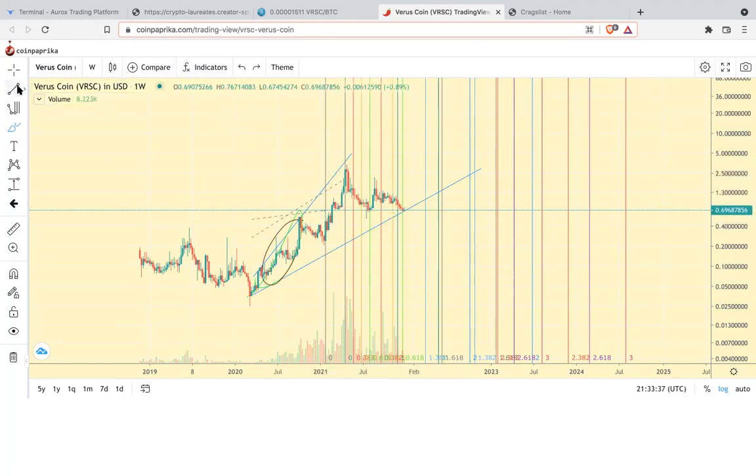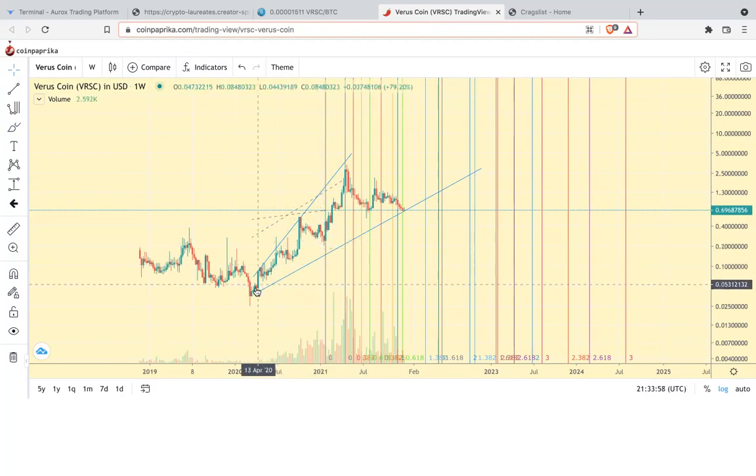Now in time relationships, we see that the entire move up can be related to whatever we're in now, and also this initial move up to this next low.